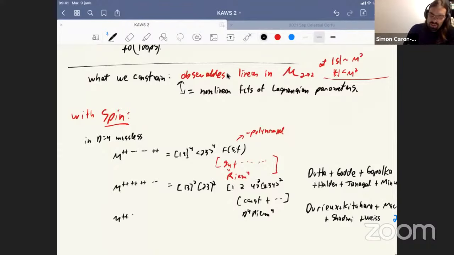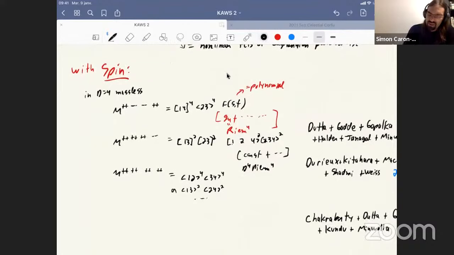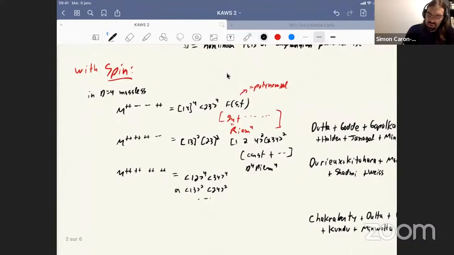Okay, I will give one last example in D equal 4. If you have a similar helicity configuration, this one is a bit subtle because now we can write different polynomials. Write 1, 2, 4, 3, 4 squared, or 1, 3 squared, 2, 4 squared. The first one looks like S to the 4. The second one looks like T to the 4. It turns out they're all proportional to each other.